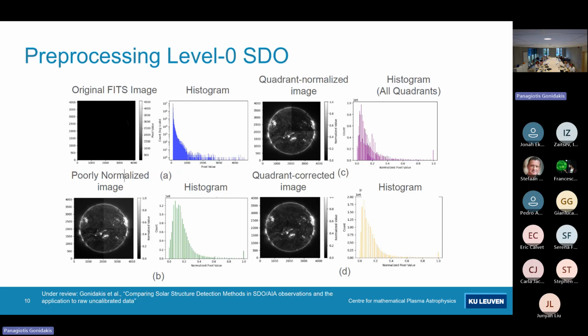With very, very minimal pre-processing, we saw that we don't have any serious artifacts, only the fact that we have 4 acquisitions, so there is some discontinuity between the quadrants, which can be negligible for the active region models, but can affect the performance of coronal hole models.